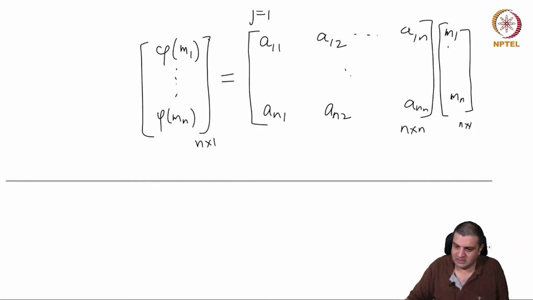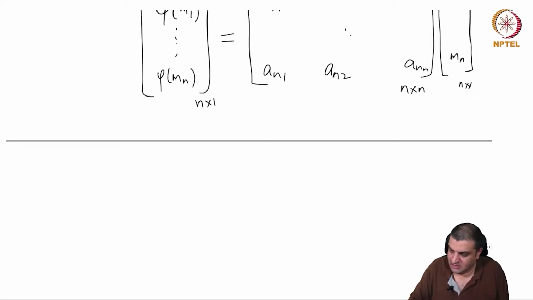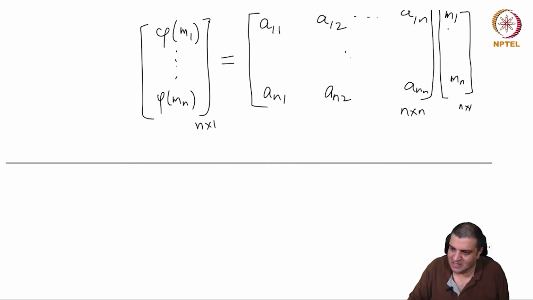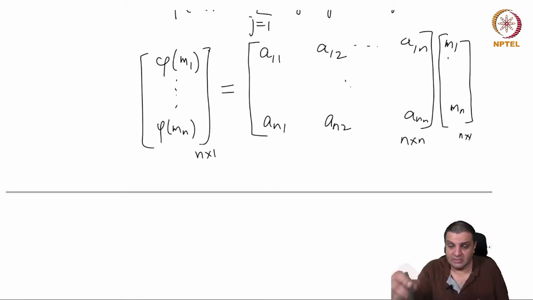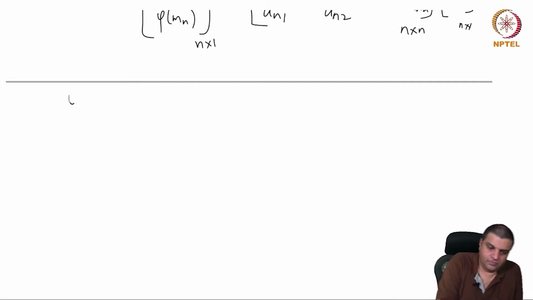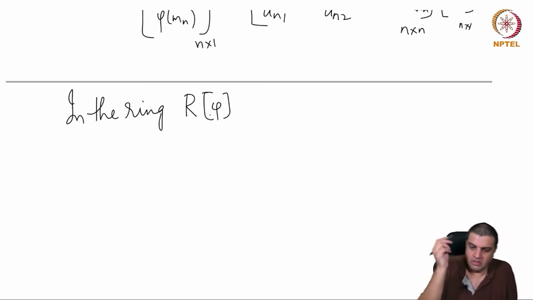Then here is the trick that we have done for vector spaces, when we study eigenvalues, etc. But now we are thinking about these elements as not just elements of R, but elements of a larger ring, which also includes the endomorphism phi. In that ring, which is a commutative ring because every element of R commutes with phi, that's the R linearity of phi, and then multiples of phi commute with each other because it's the same map.